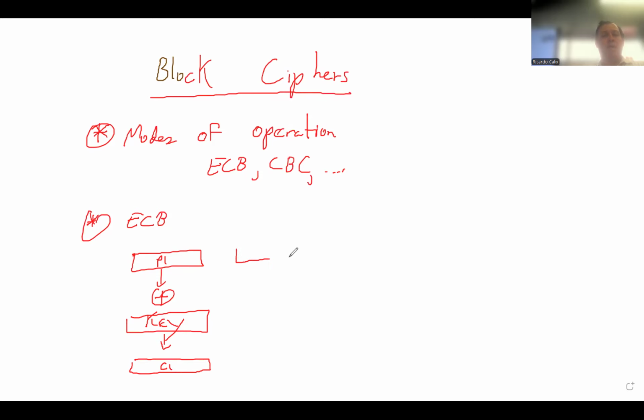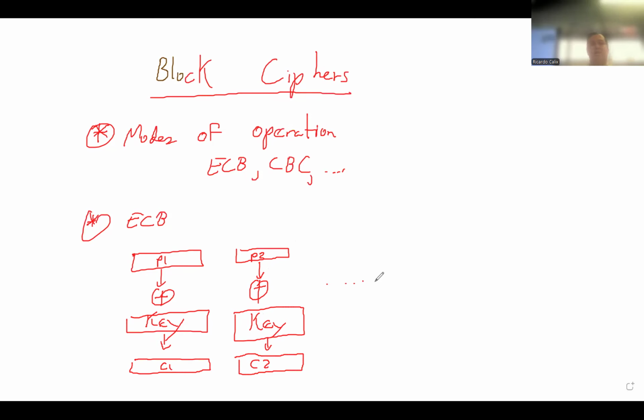But then we have plain text 2, the other block, XORed with the key, and this creates C2, and so on. So what's the problem? The key is the same, right? So if we have 2 plain text blocks that are the same, what's going to happen? The cipher is also going to be the same. So that's essentially the problem with the ECB or electronic codebook.